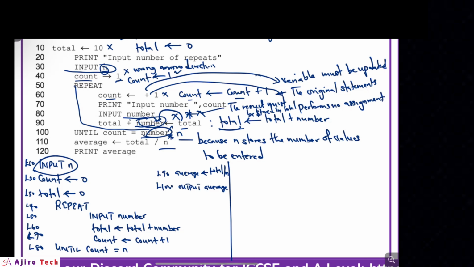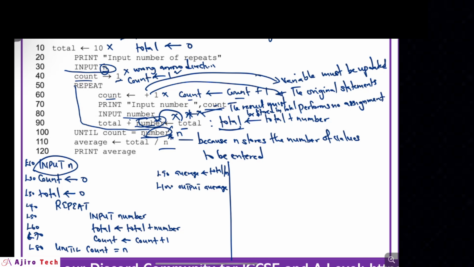So that's what the user will see, count. And we're having this count variable incrementing as count plus 1, and then you have input number, total equals total plus number, and then until it matches the n, then you have average equals total over n and print average.